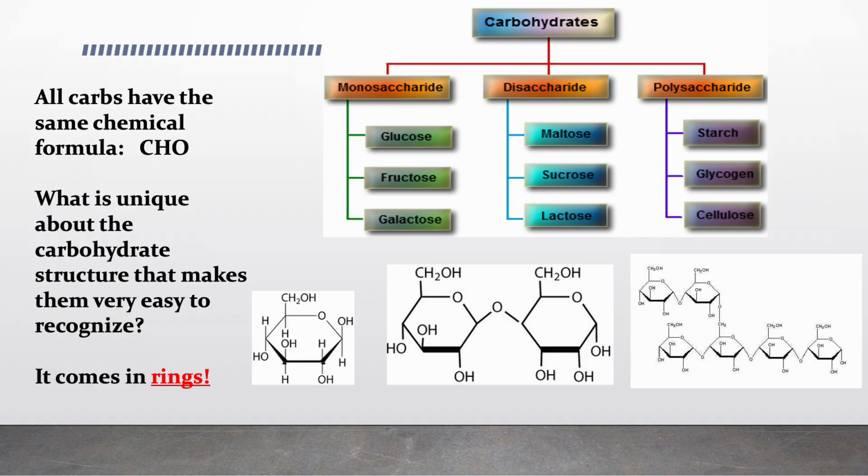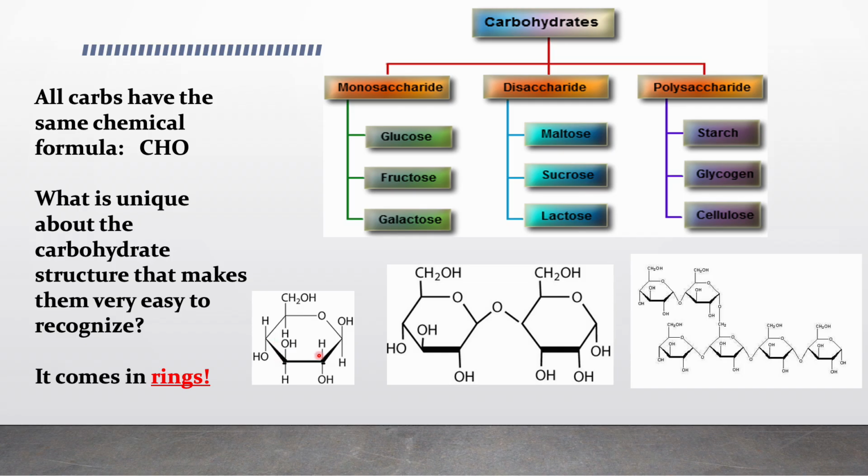Okay, continuing with carbohydrates, again they are made up of carbon, hydrogen, and oxygen. Something that's unique about the carbohydrate structure that makes them very easy for us to recognize is they come in rings. When you look at the structure down at the bottom, imagine if this was a ring that you could put your finger right through the middle. This ring tells us that it's a carbohydrate.